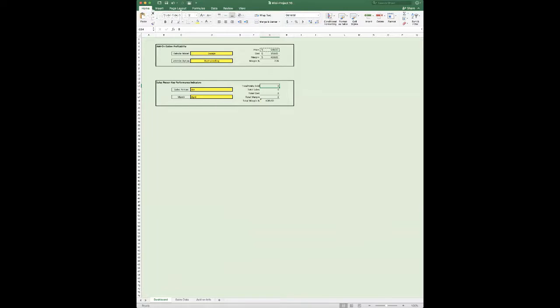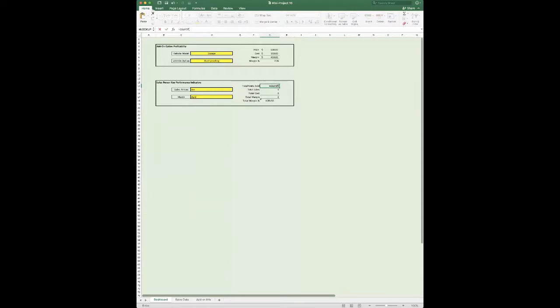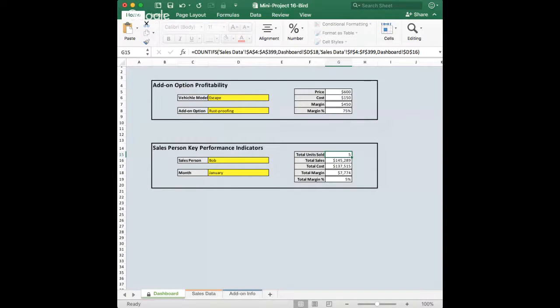Okay, so how did you do this bottom one? It's a COUNTIFS for the first one, and it was very easy once he reminded me of that. Are you seeing my formula there?